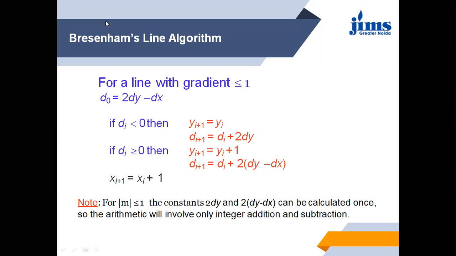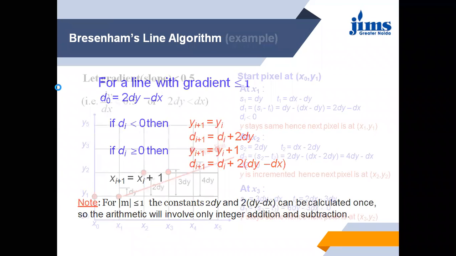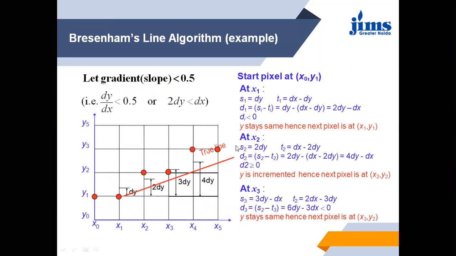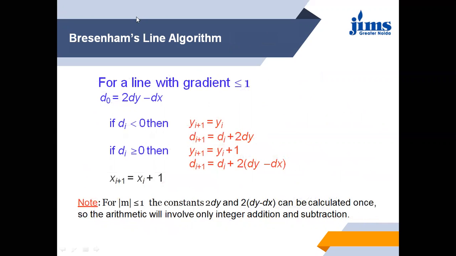So here I am summarizing the same thing, that for a line with gradient less than or equal to 1, we first try to find out the value of d0, that is our decision parameter, and d0 is equal to 2dy minus dx in this case.